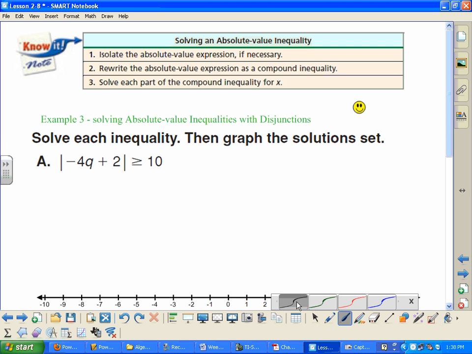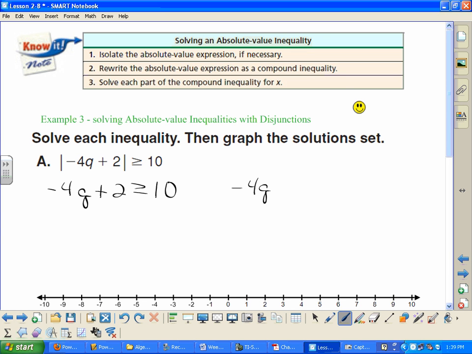So when we rewrite this, we will have negative 4q plus 2 is greater than or equal to 10. So when I just drop the absolute value and write that, I write it exactly as it is. When I go to do the negative, I'm going to change the direction of the inequality sign then.